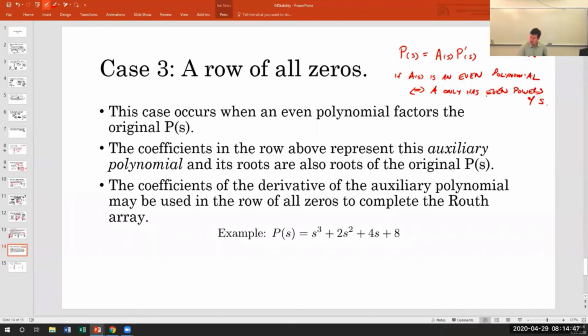So I'm using even in the integer sense, so 0, 2, 4, 6, whereas a of s is an even polynomial in the signal sense, that the left and the right are mirror images of each other. And another consequence or equivalent statement for a of s being an even polynomial is that the roots of a need to be symmetric about the origin.